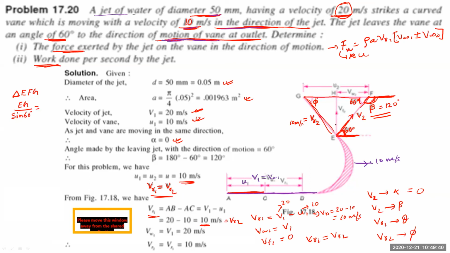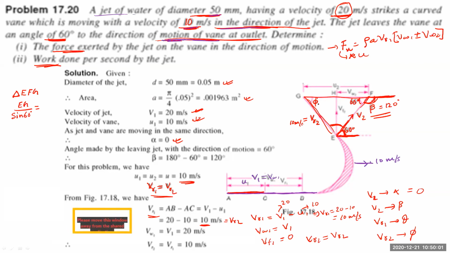This is your GF. So this angle we need to know. What will be this angle? The sum of all three angles of the triangle will be 180 degree.